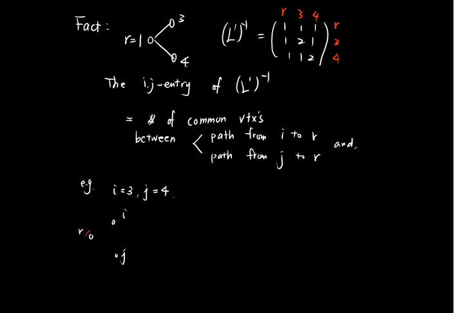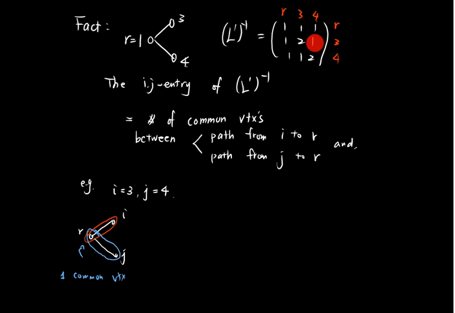The path from I to R is this one. And the path from J to R is this one. So we only have one common vertex. So you see that from 3 and 4, this entry is equal to 1.